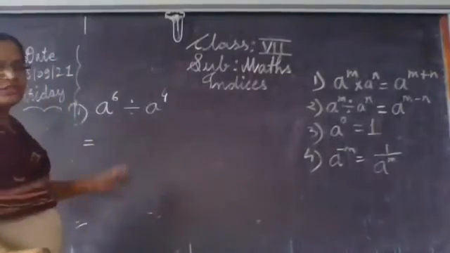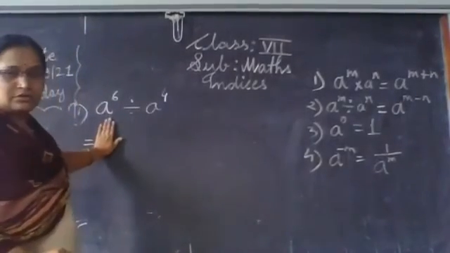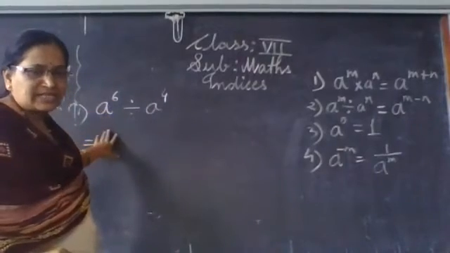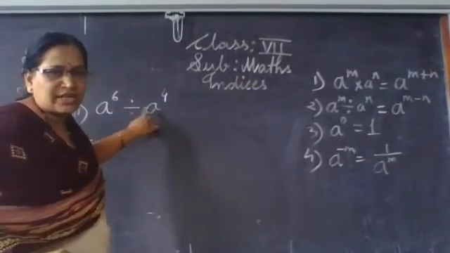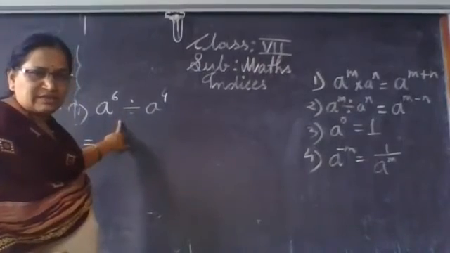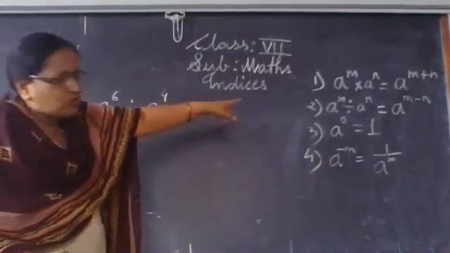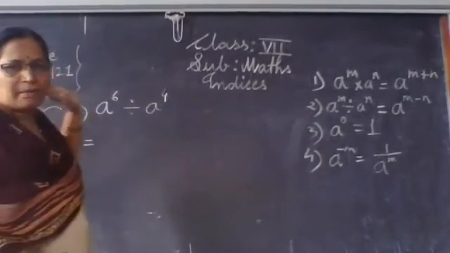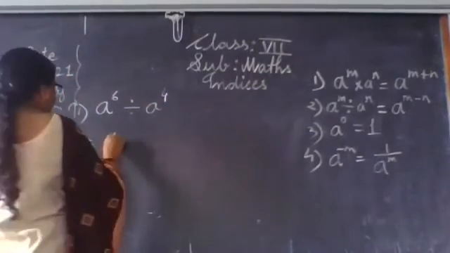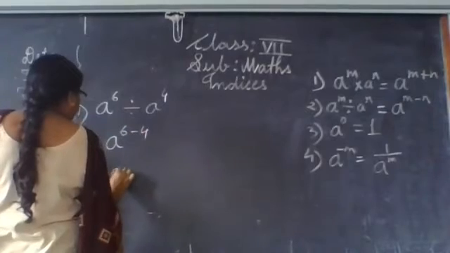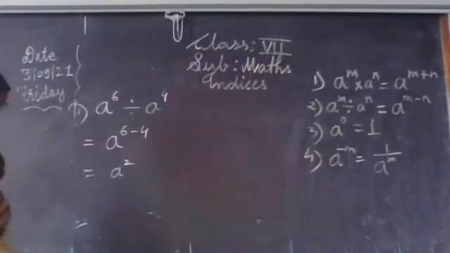So very first, whenever you do the questions on the exponents or the indices, very first you have to check their bases. Yes, bases are same. Division is given. That is why you have to apply the second law. Yes, you have to subtract the powers. Answer is a square.